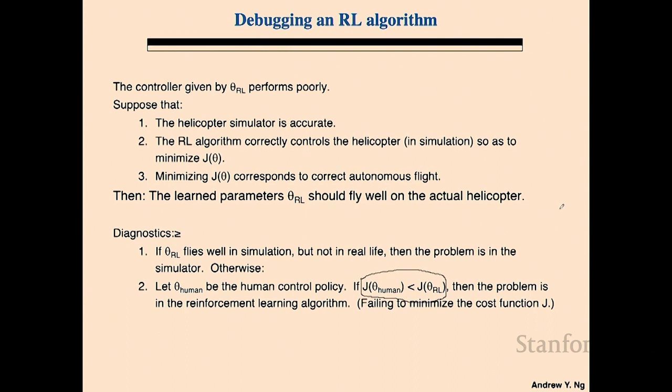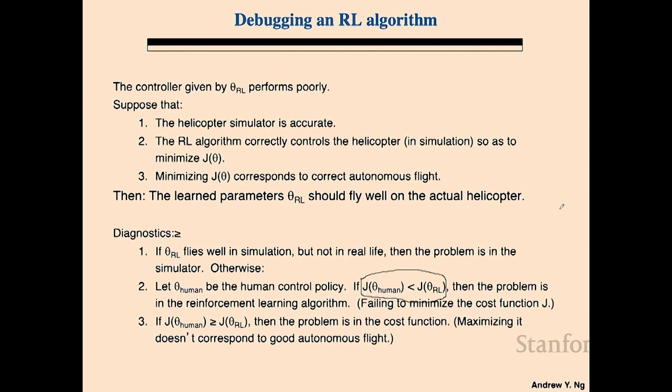Somehow the human achieves a lower squared error, so the learning algorithm is not finding the best possible squared error. There's some other controller, as evidenced by whatever the human is doing, that achieves a lower cost function. So in this case, we think our reinforcement learning algorithm is not doing a good job minimizing that, and we'll work on the reinforcement learning algorithm.